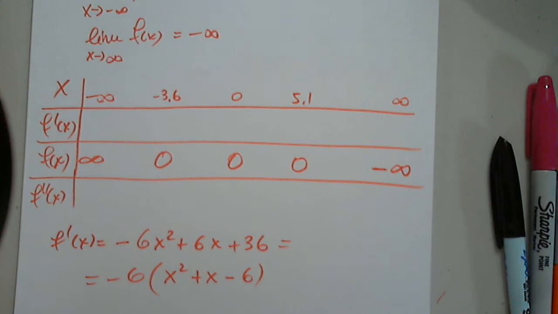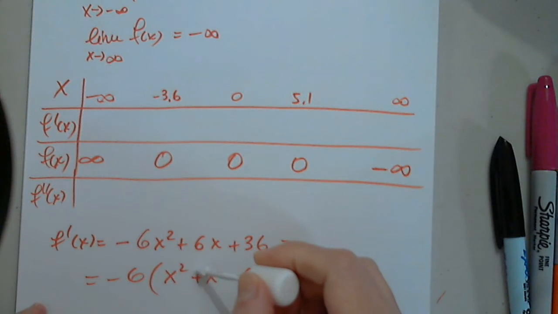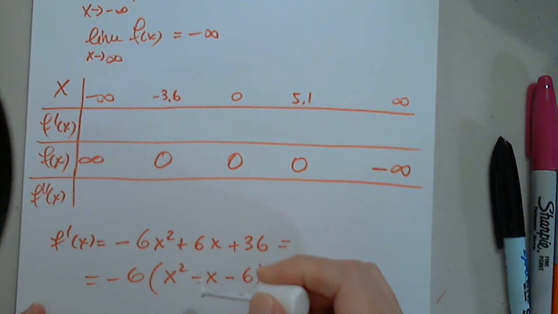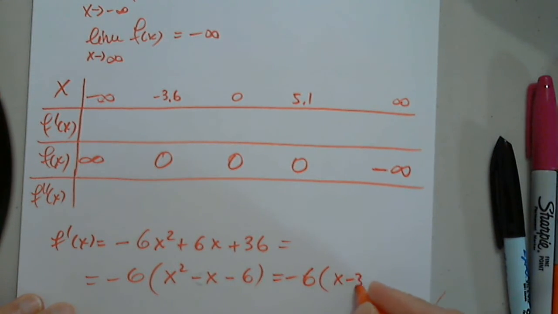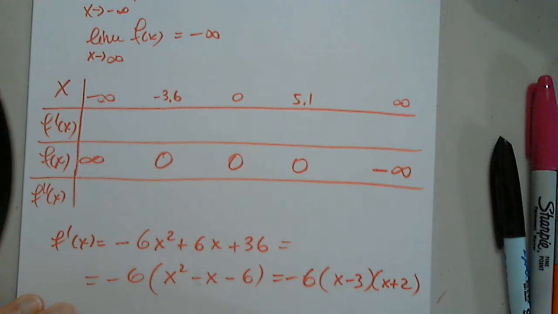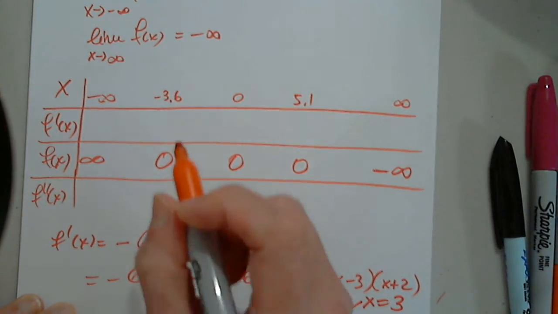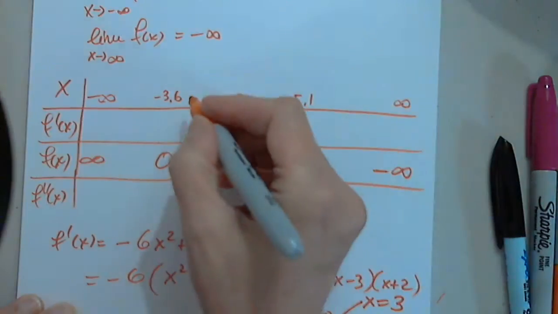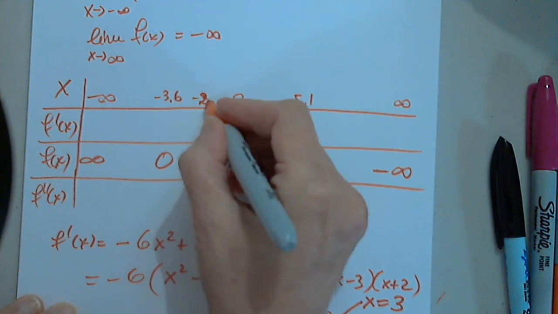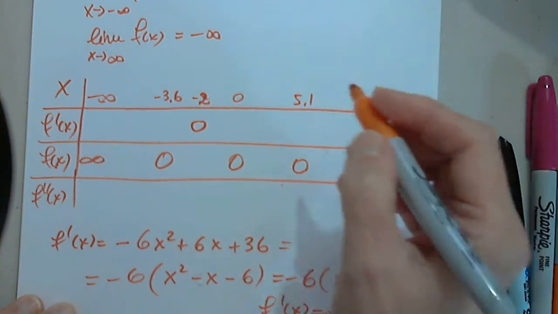Get it ready and factor it so you make your life much easier. So then this is negative 6 times x minus 3 and x plus 2. So I know that f prime of x is 0 at 3 and negative 2. So negative 2 is here and 3 is here.